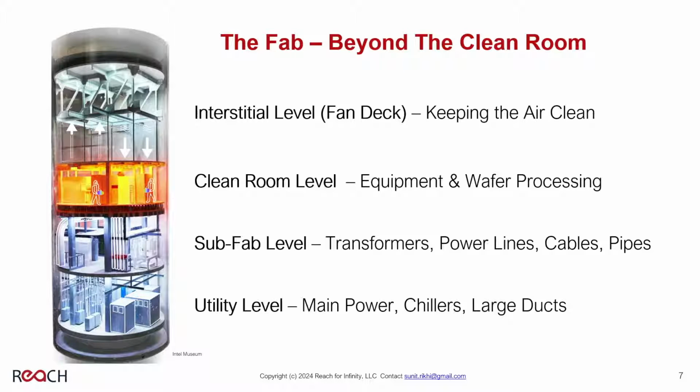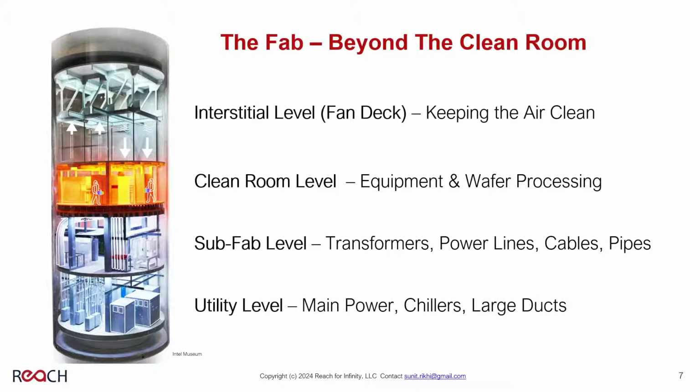So it takes a large amount of room to do just that small job of keeping the fab clean. Then, of course, the clean room level, and that's where the equipment is, that's where the wafer processing is, that's where the action is. But below the clean room is a sub-fab level. The sub-fab level has transformers, power lines, cables, pipes that deliver chemicals and gases and all that stuff.